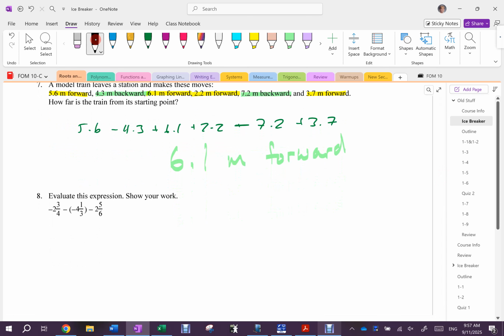Evaluate this expression and show your work. I talked to a great many kids about this because a great many of you only did the shortcut. At some point, some teacher told you that to turn a mixed numeral to a fraction, you do times plus. But they didn't go out of their way to remind you that this negative means nothing.